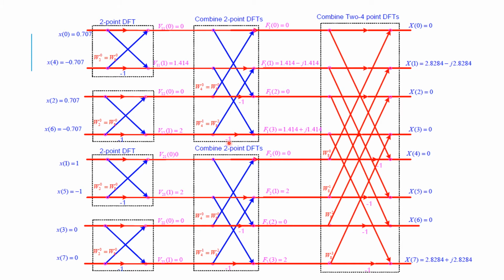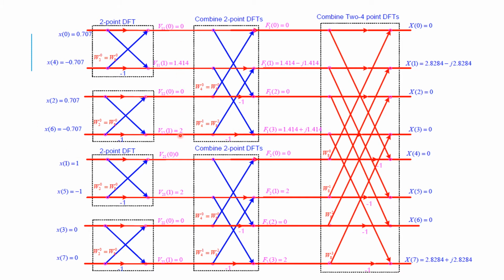Yeah, sorry. There is a mistake in the problem. See, here it is 0.707. This is getting dropped here. Minus 0.707 into 1 into minus 1, that will become 0.707, which is going to be the same value. See, this is the same sequence repeated, but the wrong answer has been written.